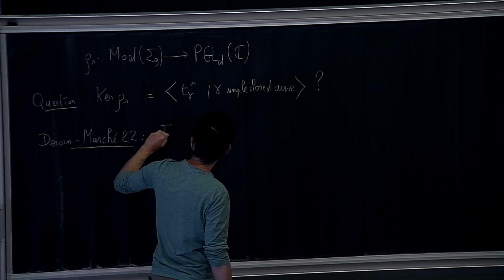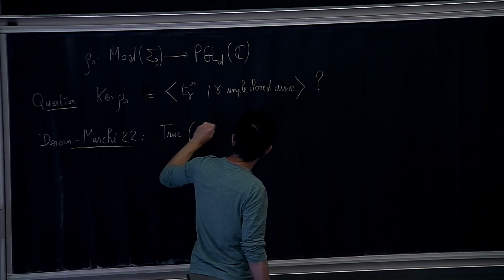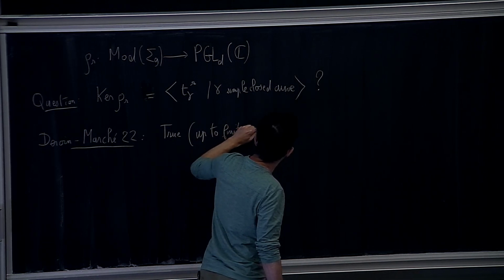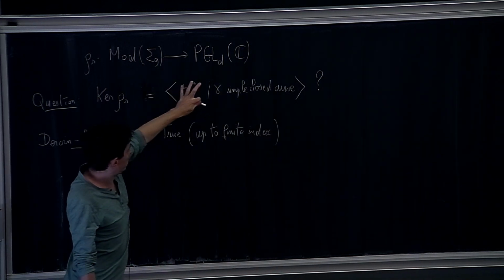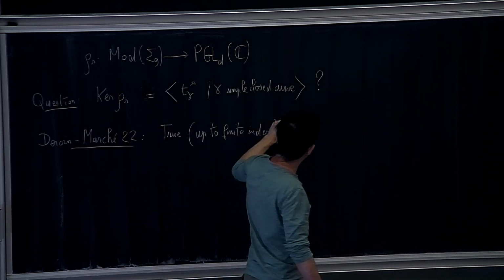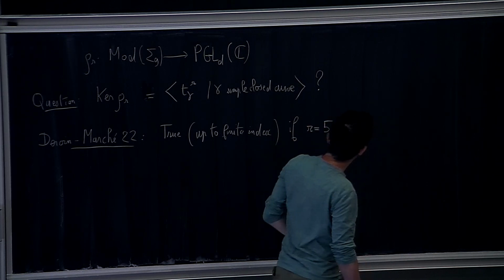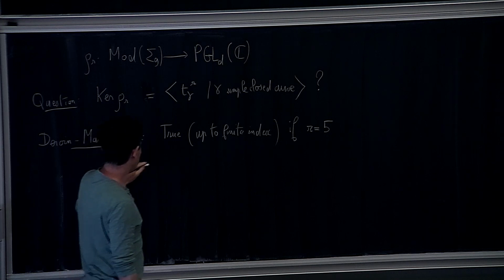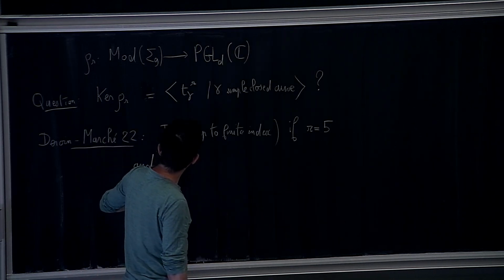Well, not quite, it's up to finite index, meaning that this subgroup might be a finite index subgroup of this. If, well, two conditions. First, we want R to be equal to 5, so we want to look at 10th root of unity for zeta_R. And we also want a condition.